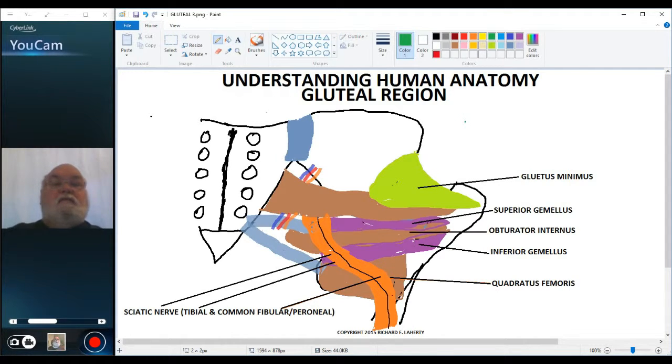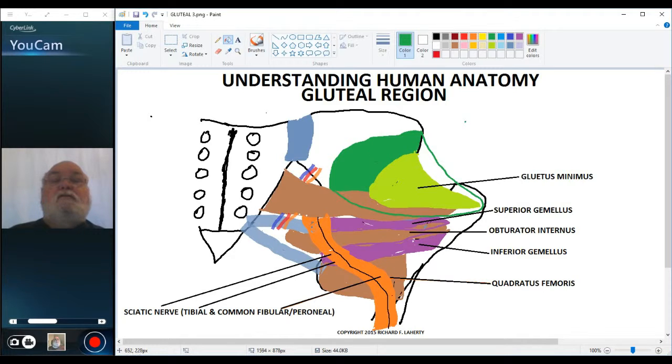Then, overlying and completely covering gluteus minimus is gluteus medius, and it also takes origin from the ilium and inserts onto the greater trochanter of the femur.